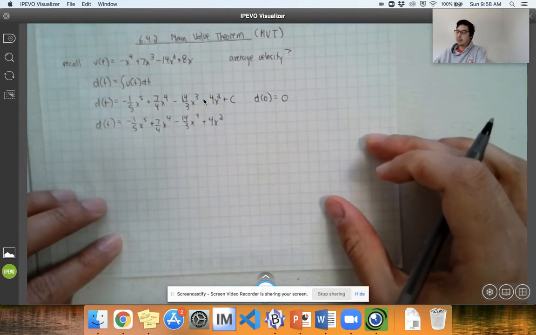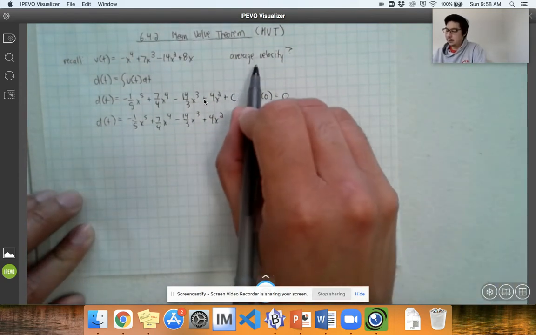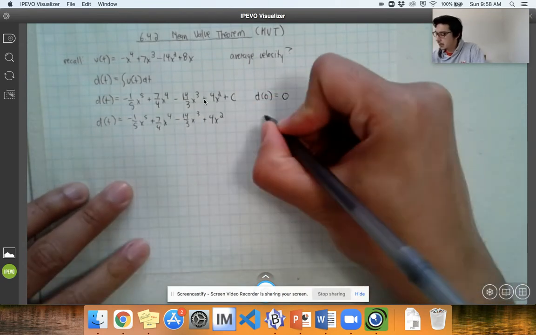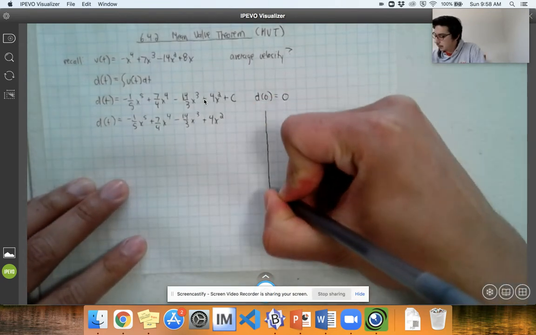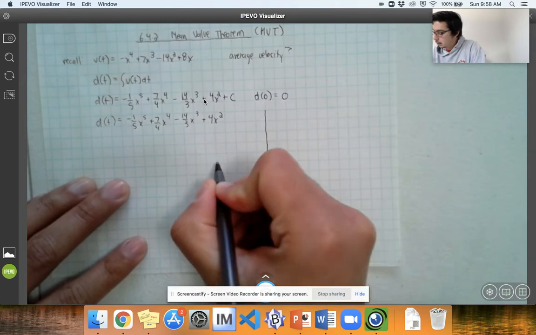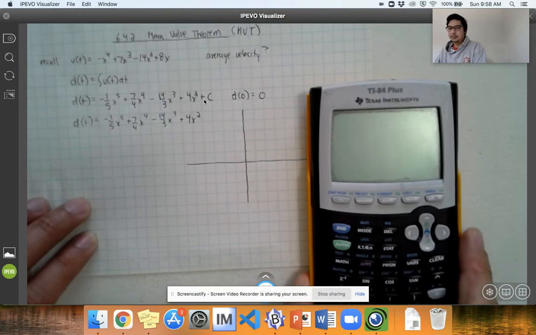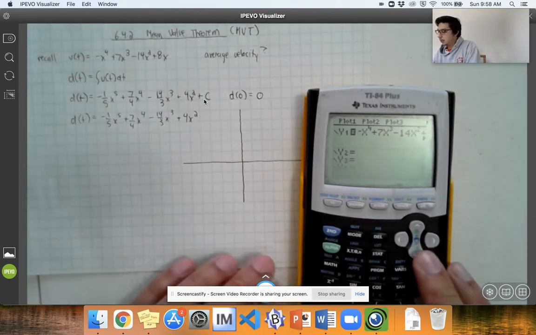Okay. Now, what's the average velocity? So if we wanted to find the average velocity of d of t, well, let's visualize this. And I hope I can be able to recreate this graph. Let's see here. So there's the previous problem.